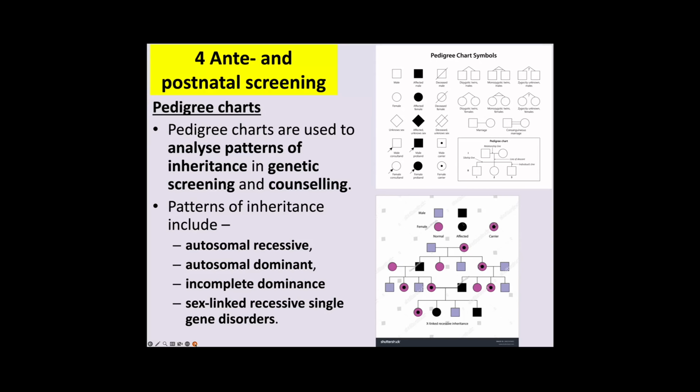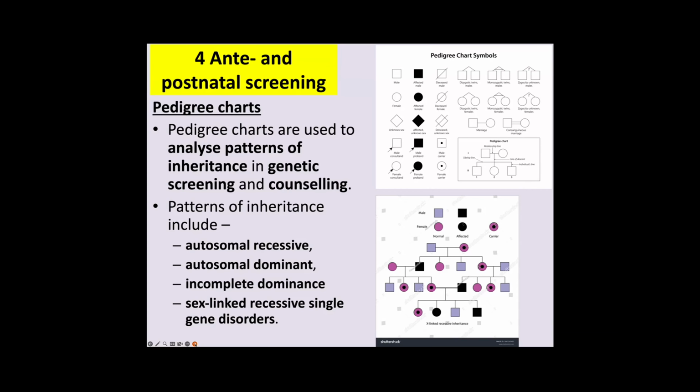Now, if you are involved in genetic screening or genetic counselling, which I mentioned a couple of minutes before, has an important role when diagnostic decisions are having to be made, you will be looking at those patterns of inheritance, possibly even before you start doing the invasive tests, the amniocentesis and CVS. And what you'll be doing is looking for any patterns of inheritance which might indicate the likelihood of a genetic disorder being inherited by the offspring.